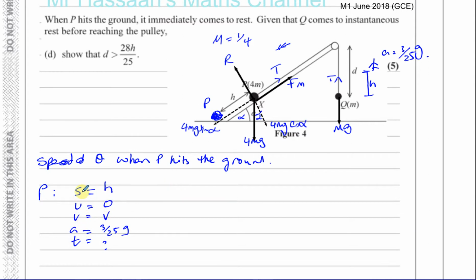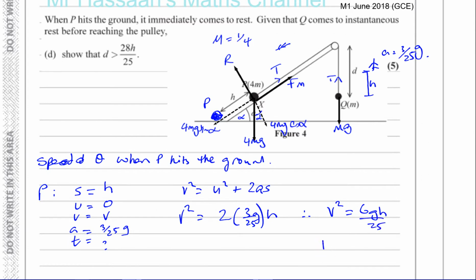So v squared is equal to 0 plus 2 times 3 over 25 g times s, which is h. So v squared is equal to 6gh over 25, so v is the square root of 6gh over 5.